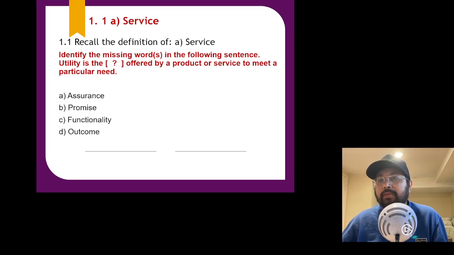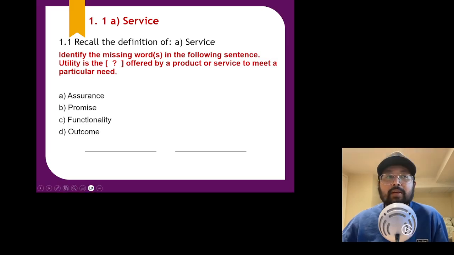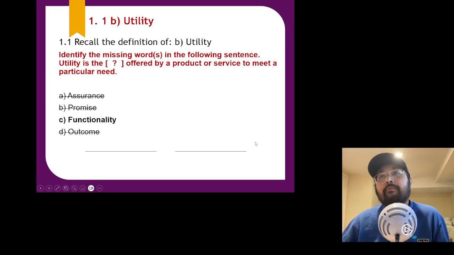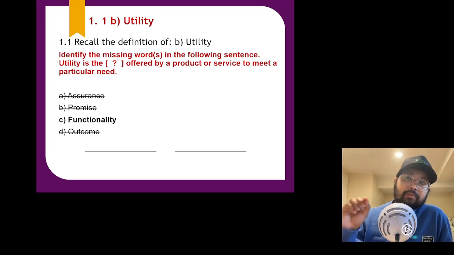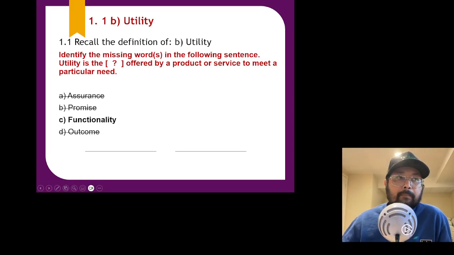Assurance, promise, functionality, or outcome. We know it will be functionality. Let's see. Yes, utility is the functionality offered by a product or service to meet a particular need. So this is also a question from the real test.